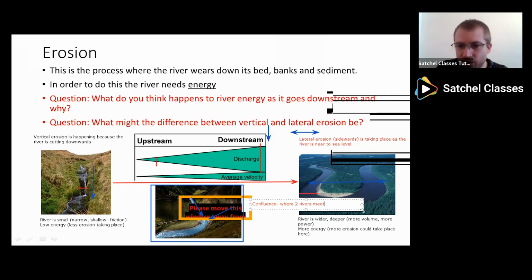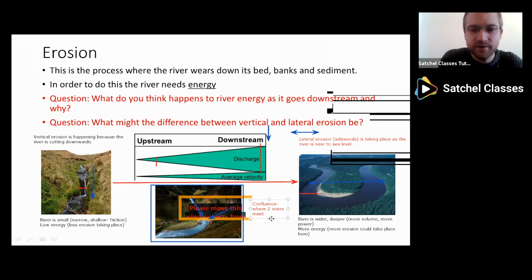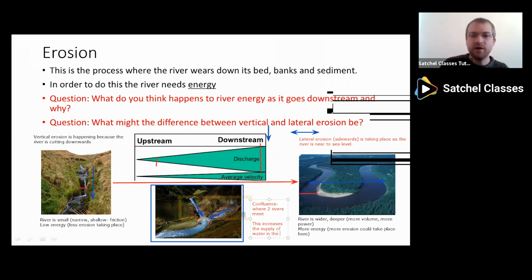We can see that the volume of water is basically amplified. So the river becomes wider. This increases the supply of water in the river. And we can see that it will continue on its journey, but at double the amount of water.